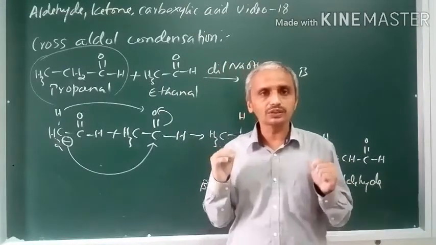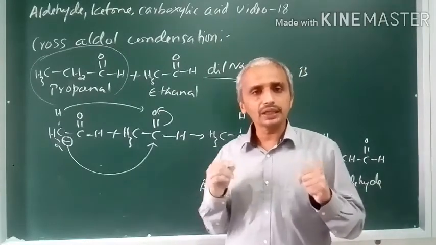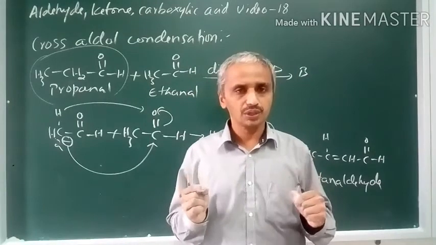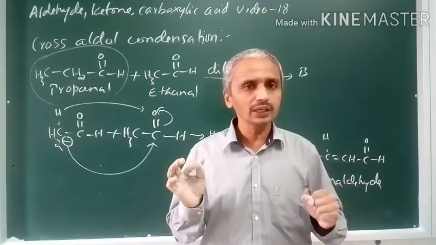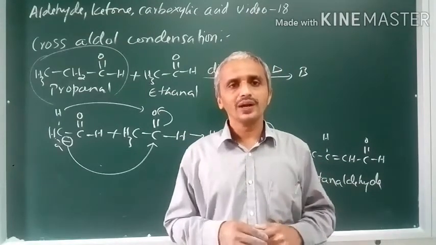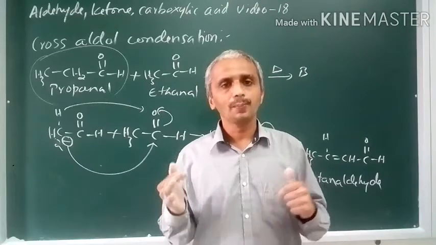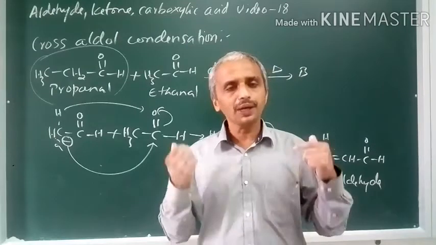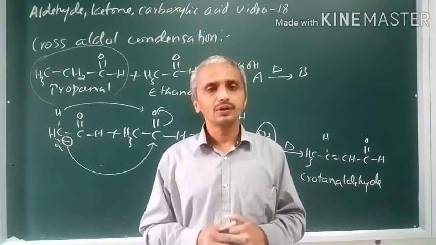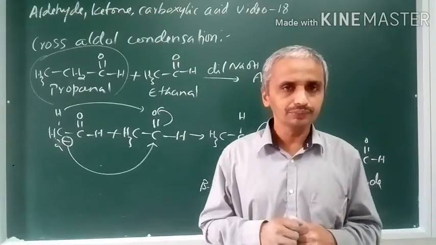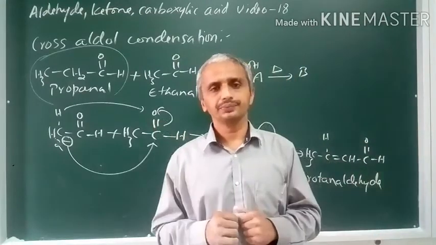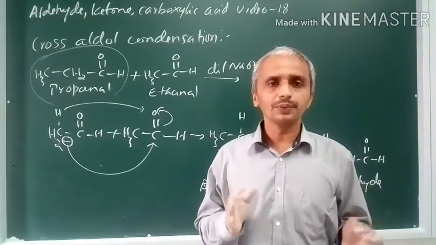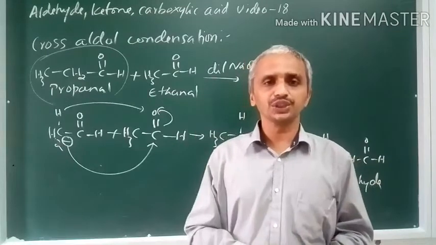Whereas cross aldol condensation means reactions of aldehyde or ketone in which a minimum of one will have the alpha hydrogen, where the other aldehyde or ketone may or may not have the alpha hydrogen, to give beta hydroxy aldehyde or beta hydroxy ketone, which on heating gives unsaturated aldehyde or ketone. That will be the cross aldol condensation.